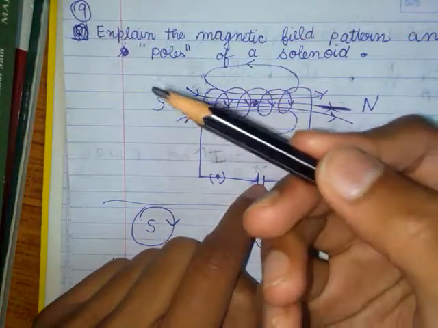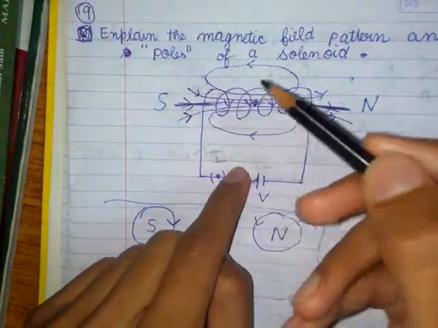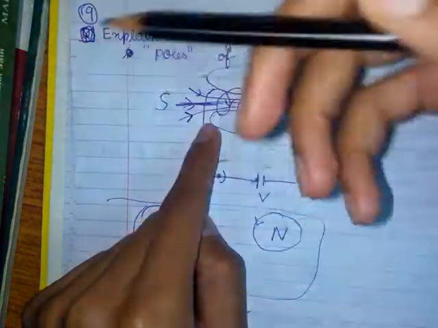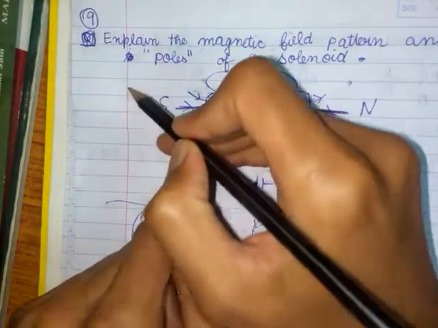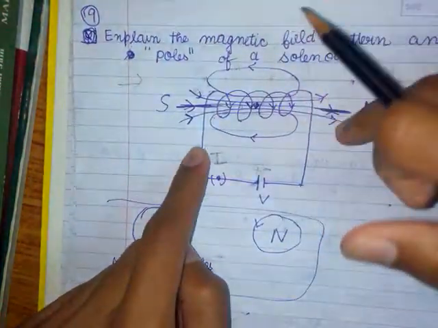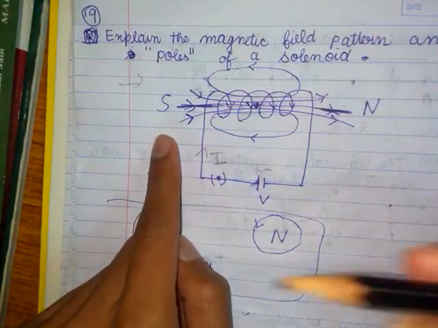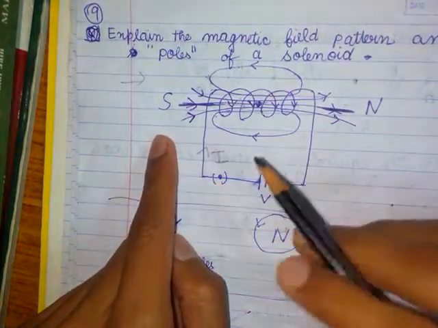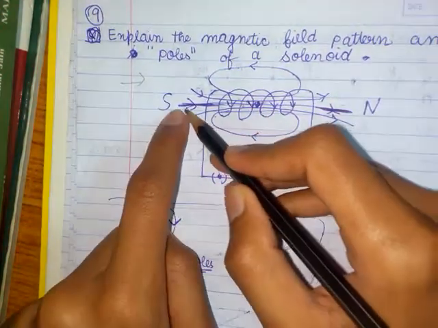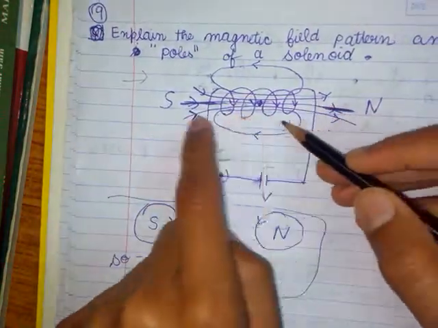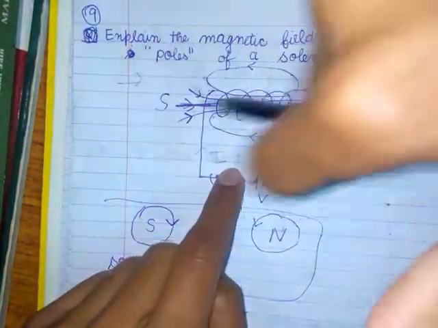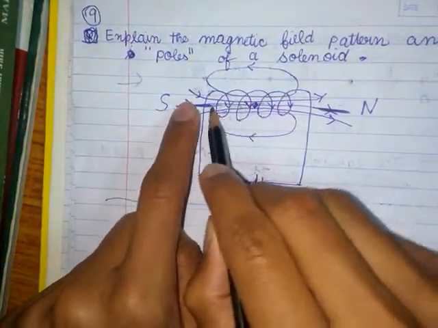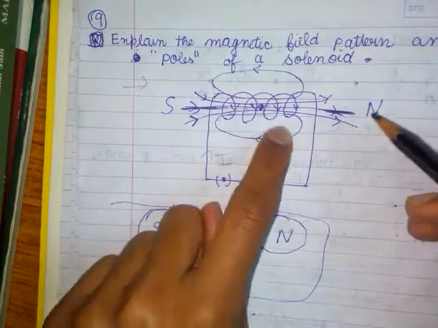Therefore, the field pattern would be a circle like this, which would point in this direction in the inside of the solenoid, and in that direction in the outside of it. But since this is the field line of the inside, when the current is going down from here, the field would be going in this direction.